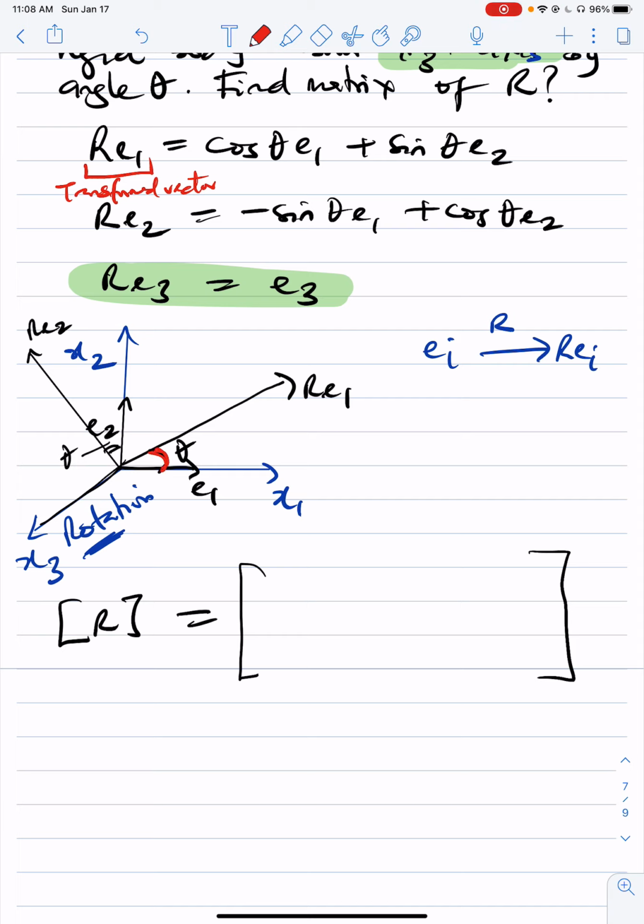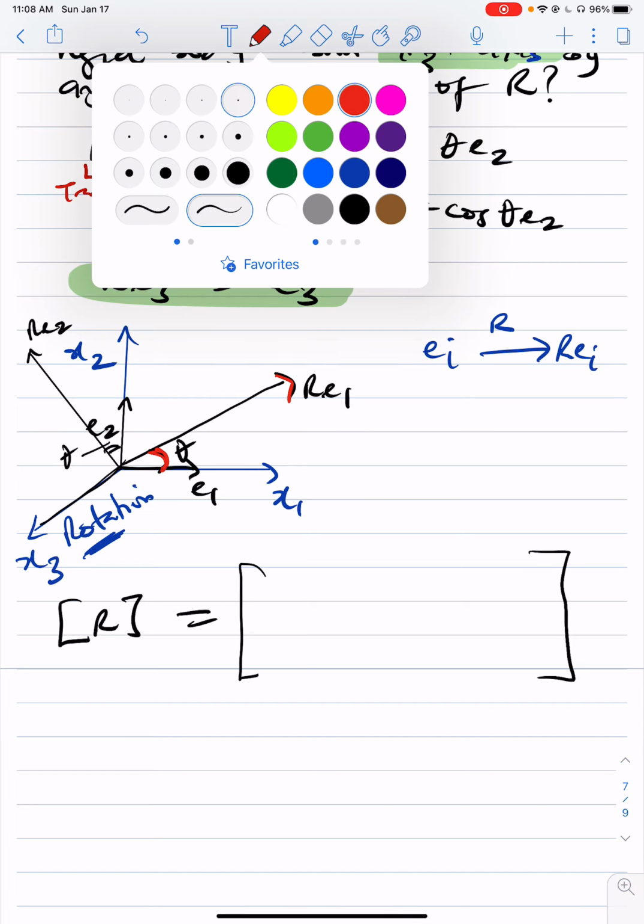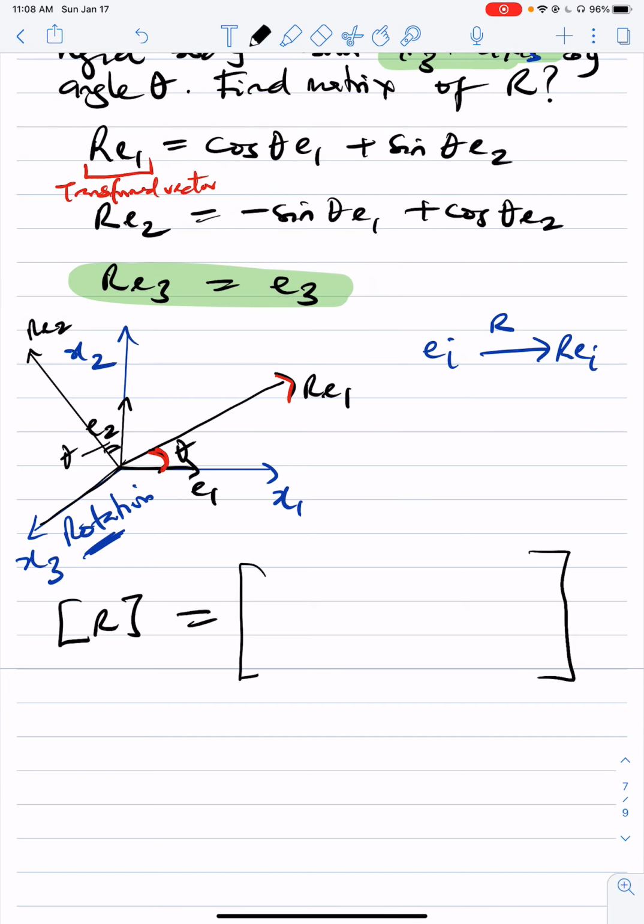So E1 has become RE1. So the components of the transformed vector will now become cos theta, which is this, sine theta, which is this, then 0 for the third axis. Similarly for RE2, it will be negative sine theta, cos theta, and 0. And for RE3, we have 0, 0, 1.